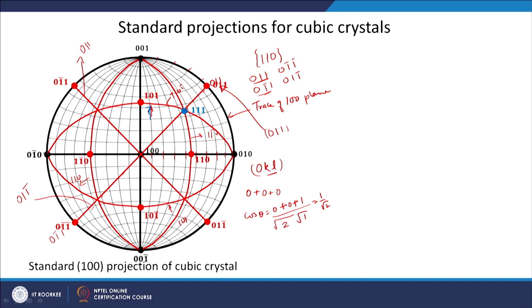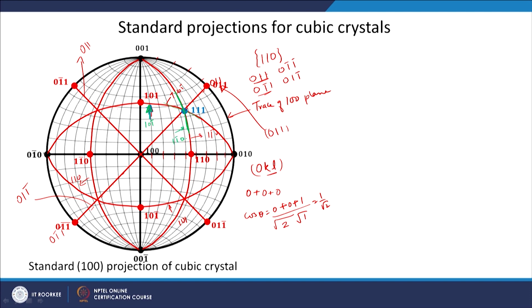So, one trace is this one. This is for 101 and 10bar1, on which this 111 plane is coming. And there is another trace, this one, on which the 111 plane is coming. And this trace is for 1bar10.